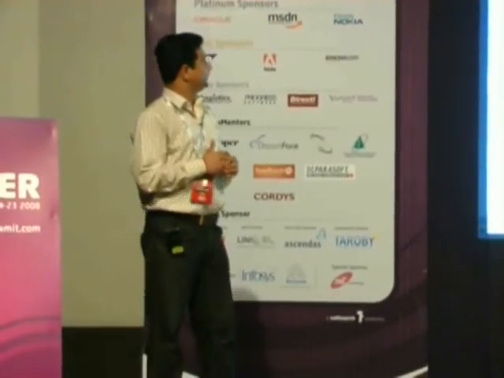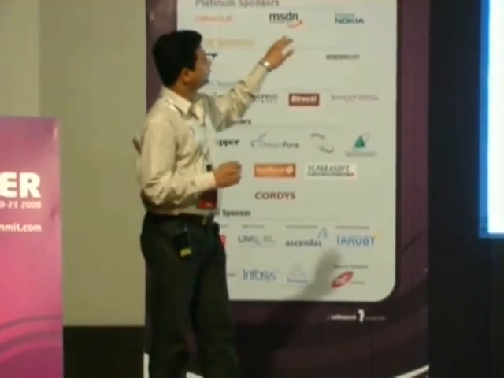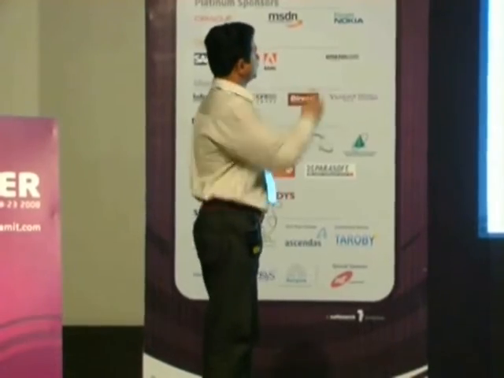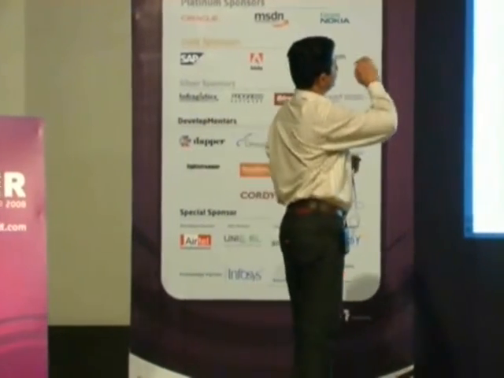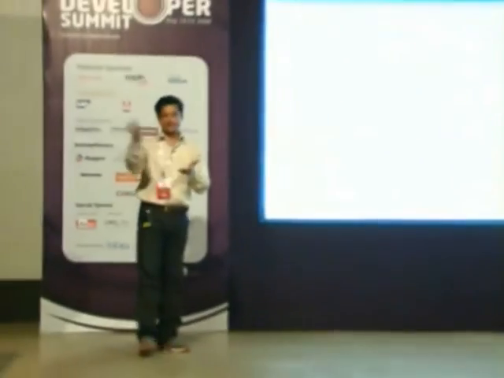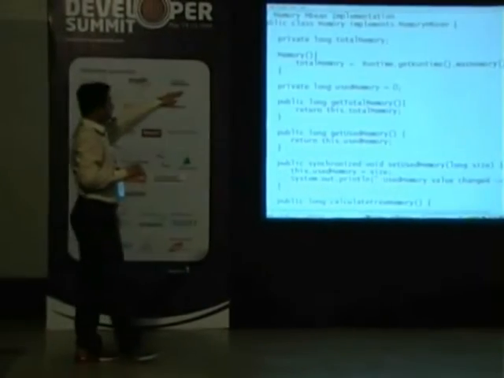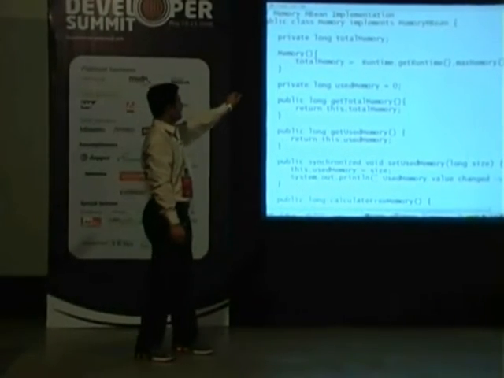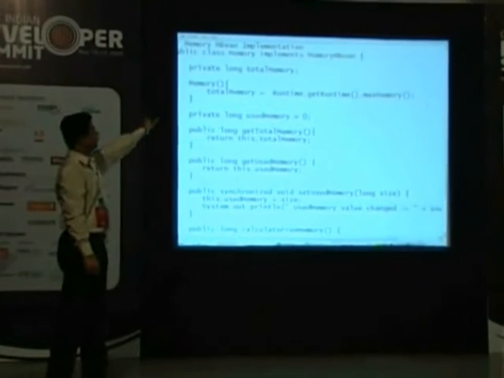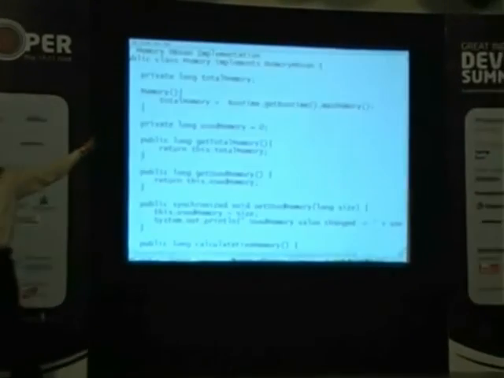But just look at some naming conventions. The class name is Memory, and the class name is something which will represent the resource. The interface name, which I'm implementing, is the class name followed by MBean.